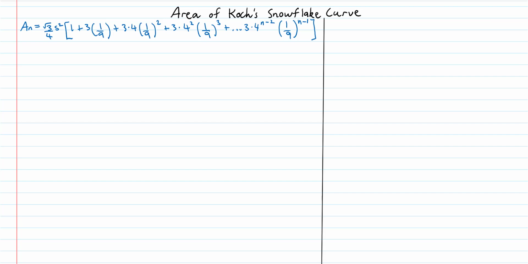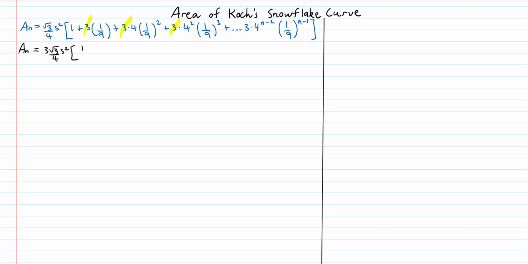So we can factor out the 3, which is inside the brackets here. So what we get then is AN is going to equal 3 times root 3 over 4 times s squared.